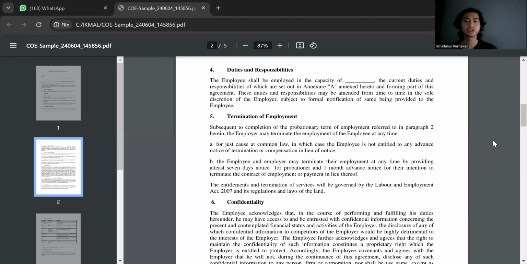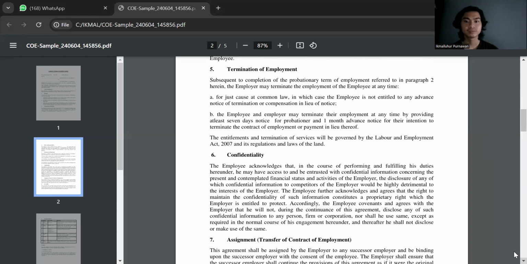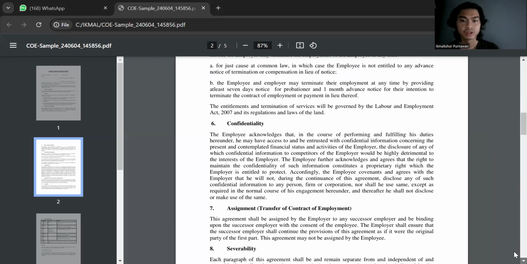The employee and employer may terminate their employment at any time by providing at least 7 days notice for probationer and 1 month advance notice for their intention to terminate the contract of employment, or payment in lieu thereof. Then entitlements and termination of services will be governed by the Labor and Employment Act 2007 and its regulations and laws of the land.